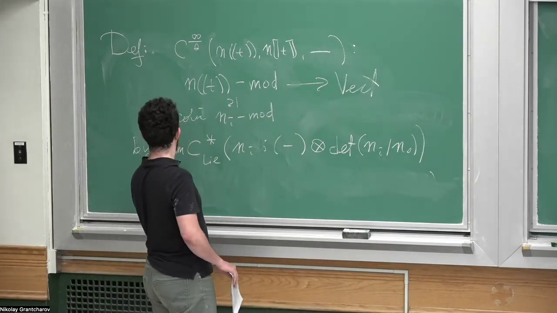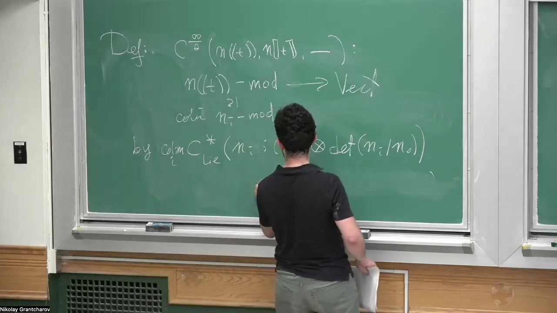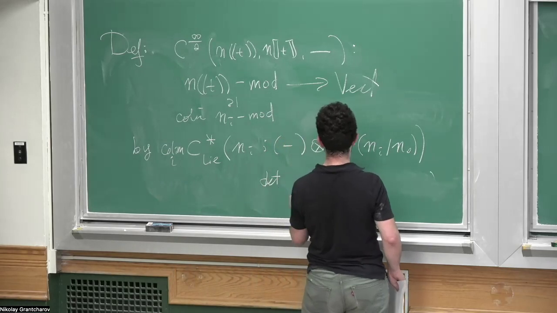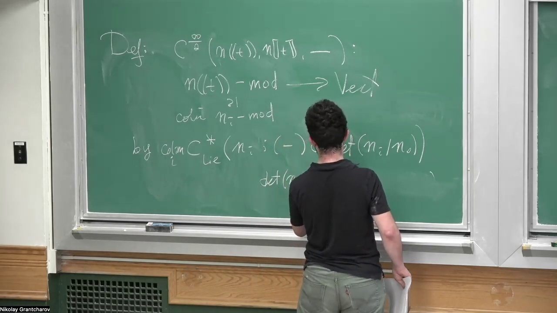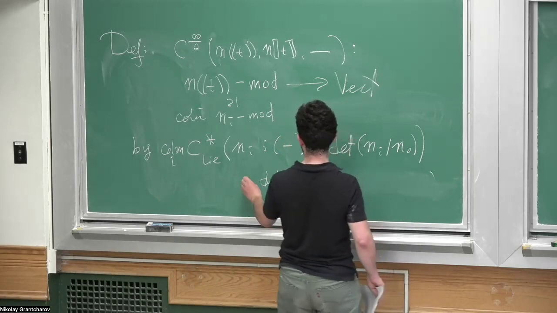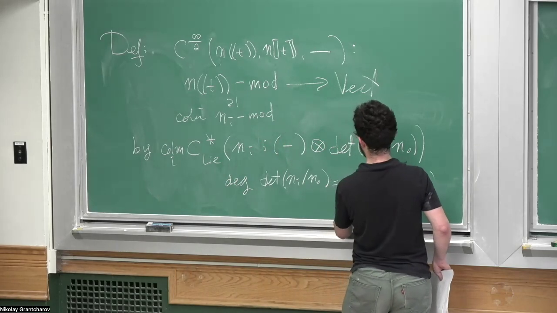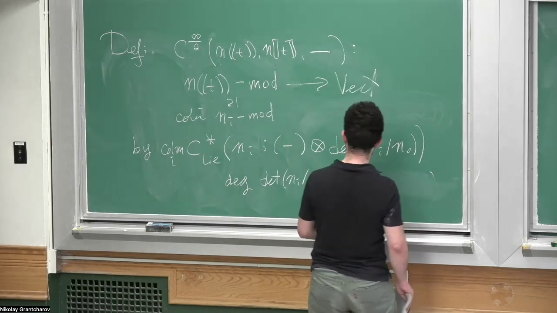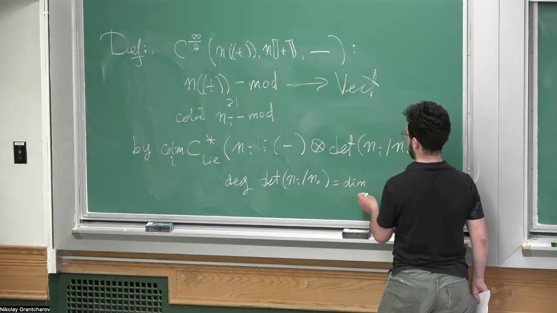Two things I have to add. My notation, the determinant of whatever is in cohomological degree the dimension. It's like the dualizing shift that is in the dimension of our variety.